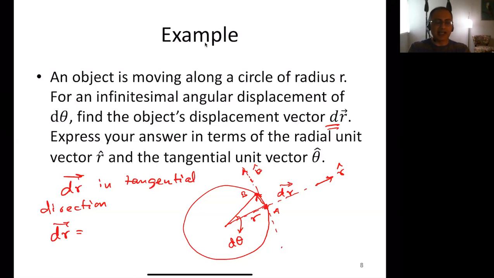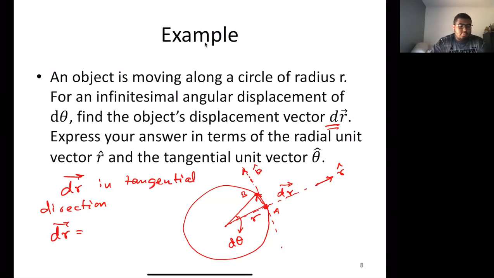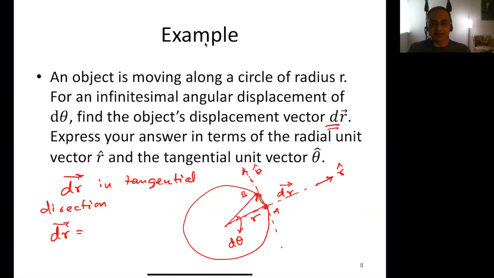Just the way you would write i hat something plus j hat something. In this case, you have r hat and theta hat. That's the only difference. Do you have r d theta theta hat? Yes, exactly. That clear to all of you?